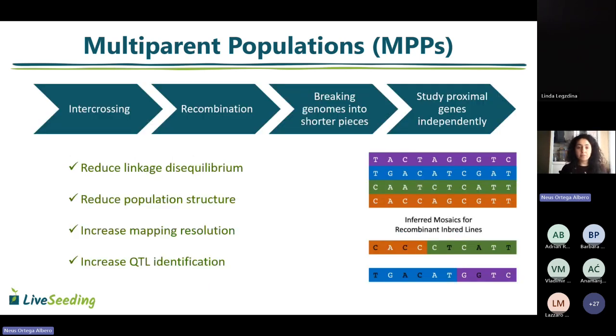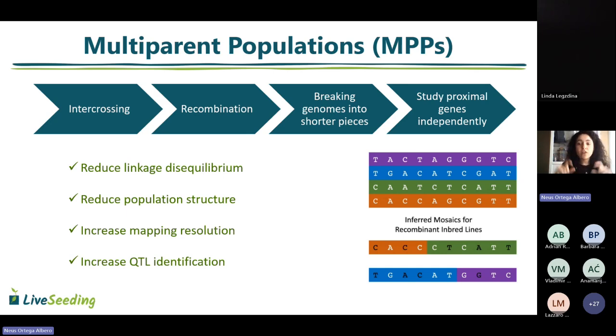Basically, the idea of these multi-parent populations is that when we do a first intercross, we also do the recombination of the genomes of the parental lines into the descendants. When we increase this recombination, we are forcing these genomes to break into shorter pieces.